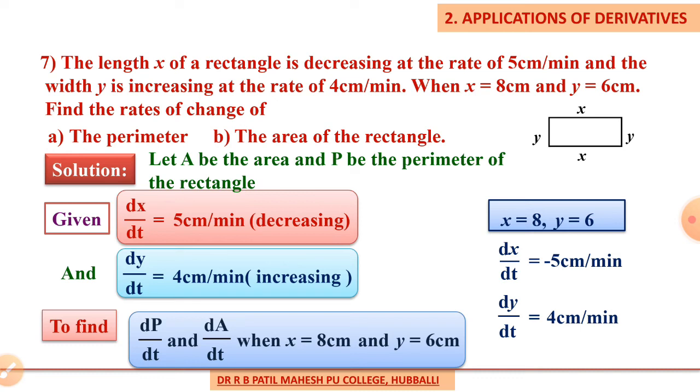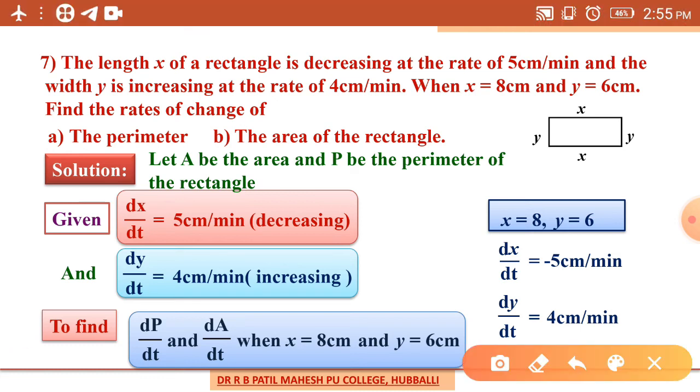The important note is the change in dx by dt. So dx by dt is 5 cm per minute, decreases means we can consider this dx by dt is minus 5 cm per minute. So increases means I will take plus sign and decreases means minus sign.